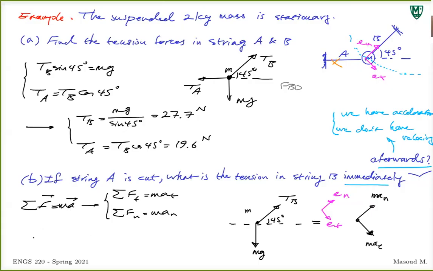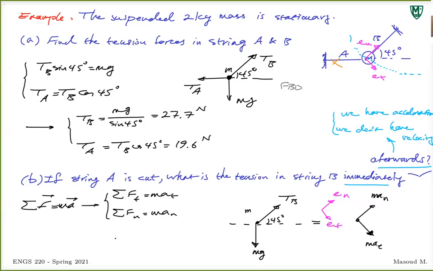If you write this, this becomes 2TB minus mg sine 45 degrees is equal to m r omega squared. Oh, I wrote it in the normal direction. So let me follow the same tangent normal I wrote there.